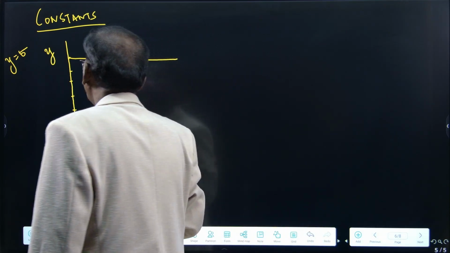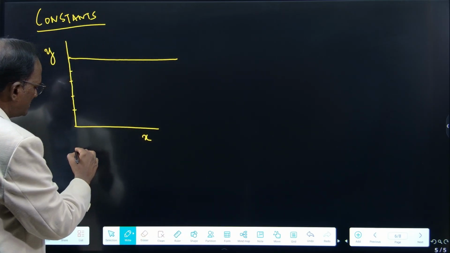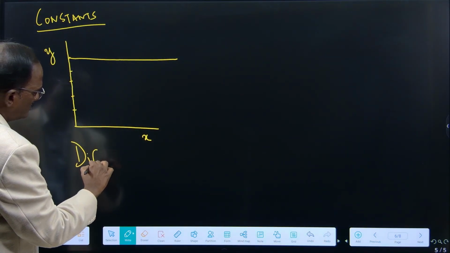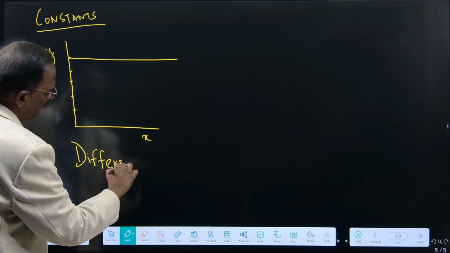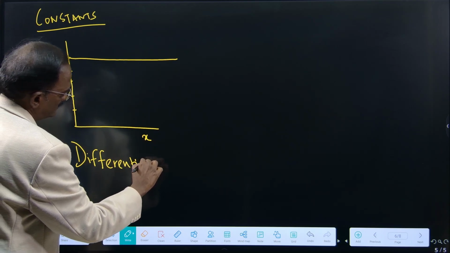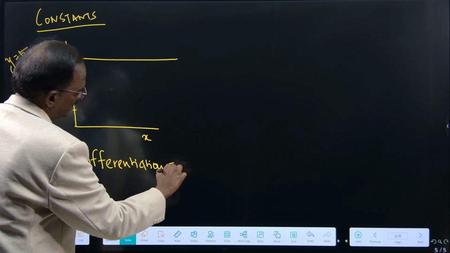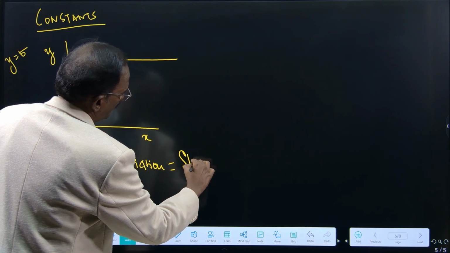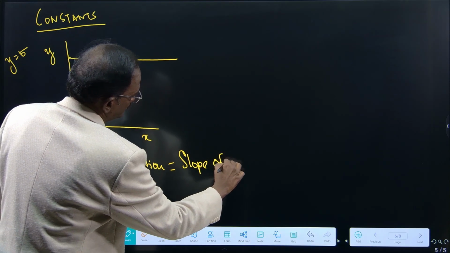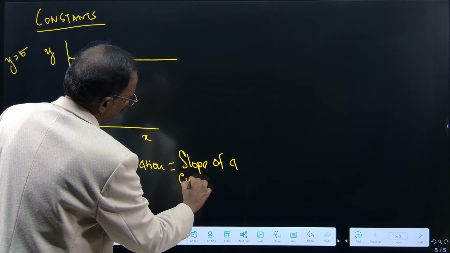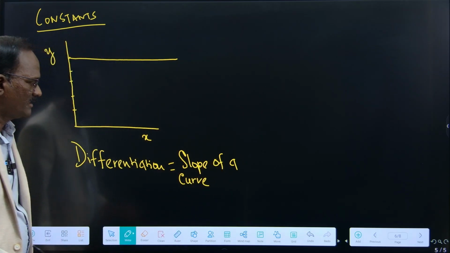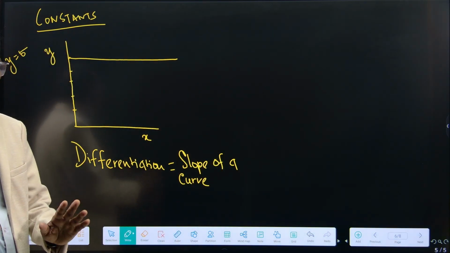We have to differentiate it. So differentiation, the second point you have to remember: differentiation is equal to slope of a curve.